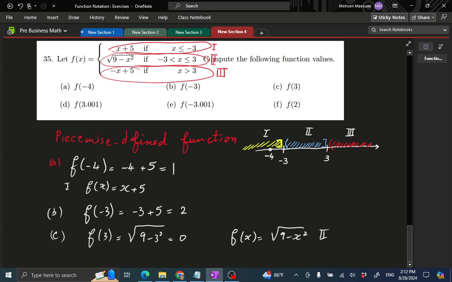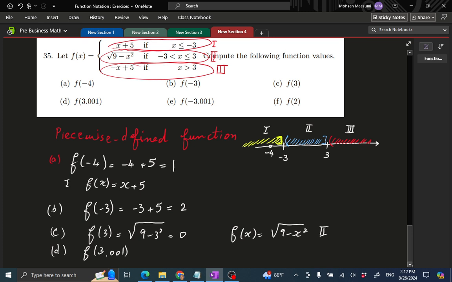Now if you move a smidgen, f of 3.001, where are we now? Well, this is 3.001, we are in the red region. So in the red region, f of x is minus x plus 5.